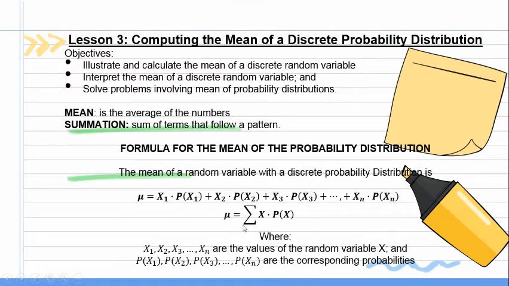Or in short, it is the summation of random variable x times the probability of x. So x sub 1, x sub 2, x sub 3, and x sub n are the values of the random variable x, and the probabilities of x sub 1, x sub 2, x sub 3, and x sub n are the corresponding probabilities.